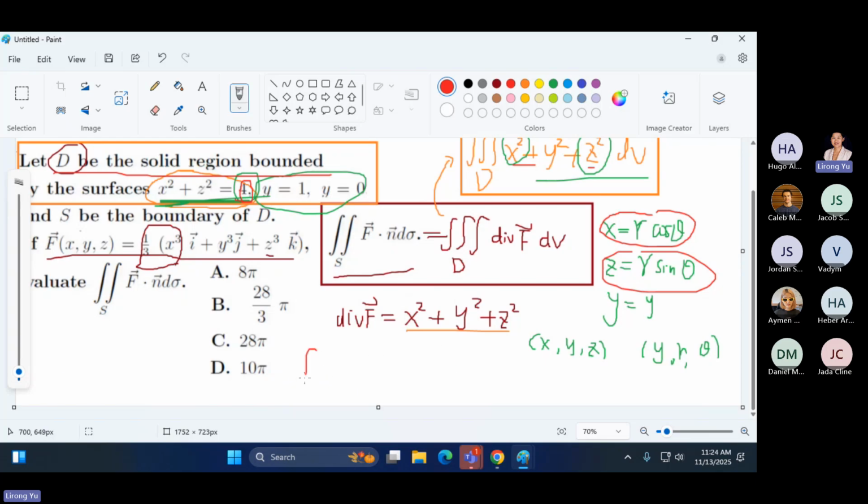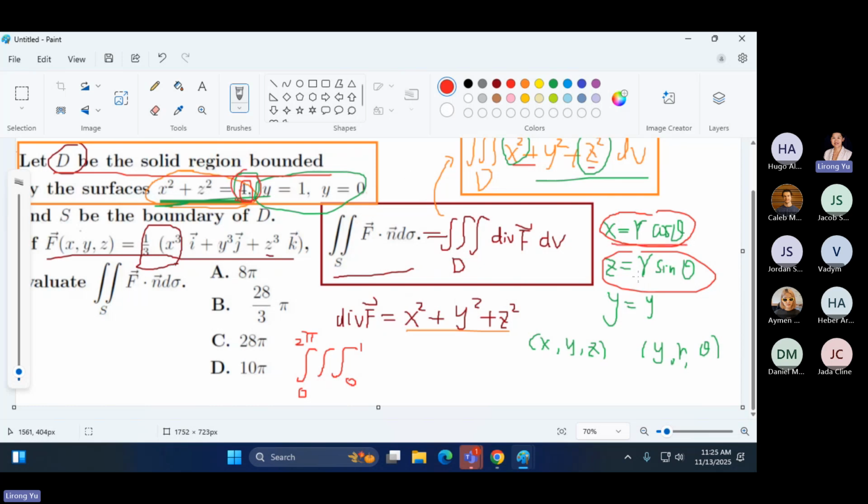So let's try to change our triple integral. Theta goes to 2 pi, since it's a full cylinder, and y is between 0 and 1, and then r is from 0 to... there's a radius 4, right?